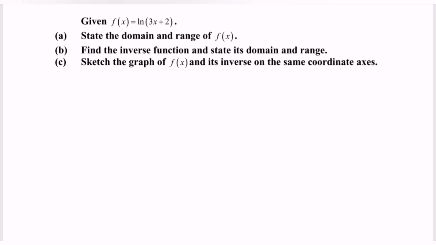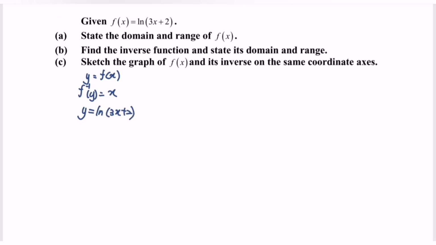So, first, what I'm going to do is to find the inverse function. Let y = f(x) and we have f inverse y = x, where we have y = ln(3x + 2).